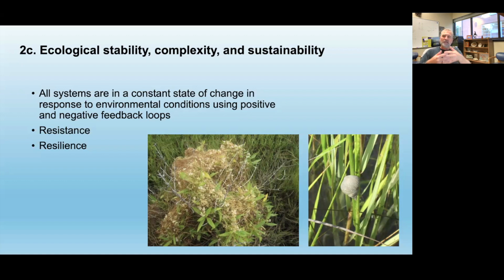But this is important because this allows the species and thus the communities that they occupy to be more resistant to changes that occur, to shocks that occur. So you saw that with the nitrogen a little while ago, but also more resilient. So when you have a stronger disturbance come through, they're more likely to recover more quickly because of the diversity that's present and the variety of niches that are available.